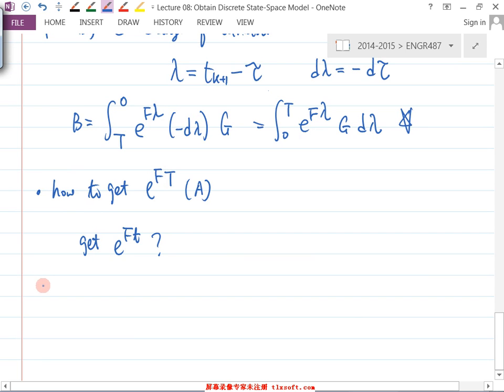So I'm going to let t naught equal to 0. Remember in the solution for the continuous system, there's a t naught, right? If t naught equals 0, what is the solution now?